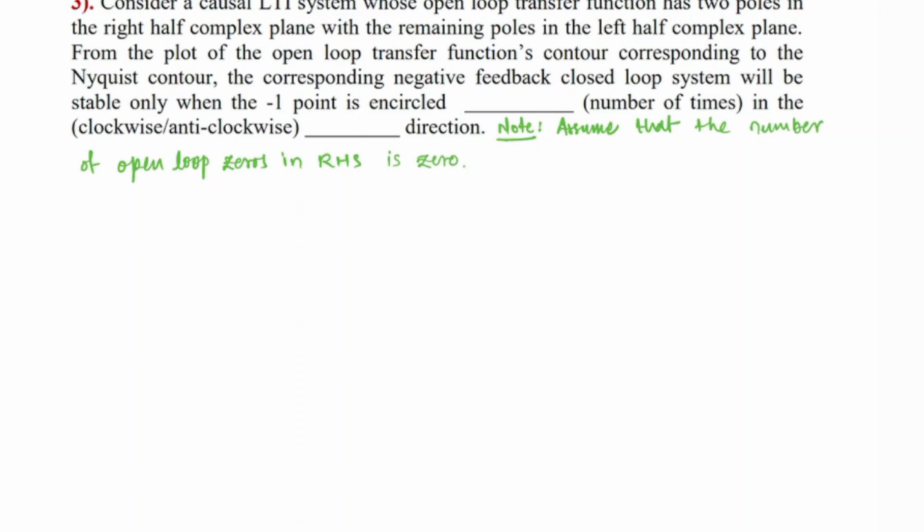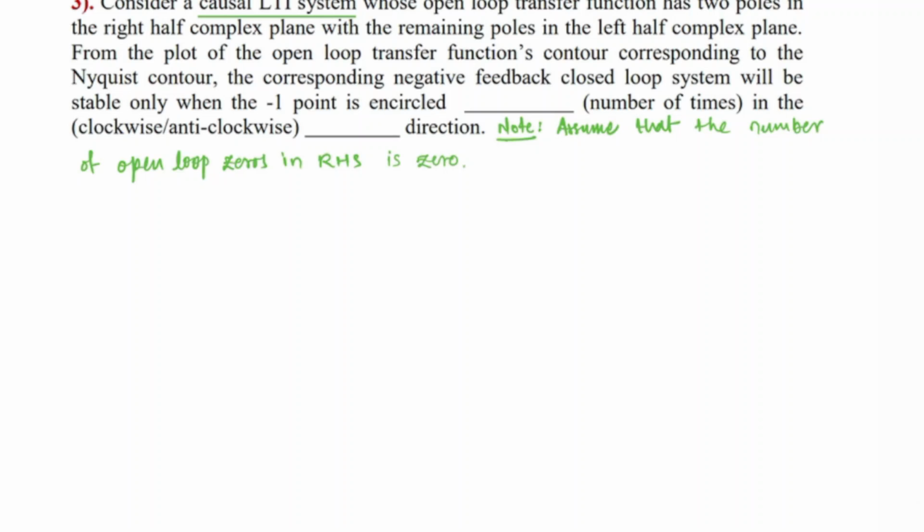So if we assume this, we are expecting a causal LTI system. That means the degree of numerator polynomial is smaller than the degree of denominator polynomial. That also means the current output of the system does not depend on the future inputs.